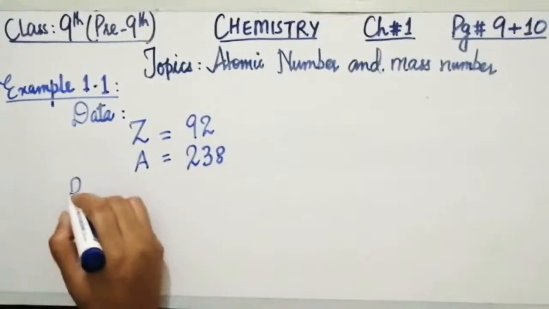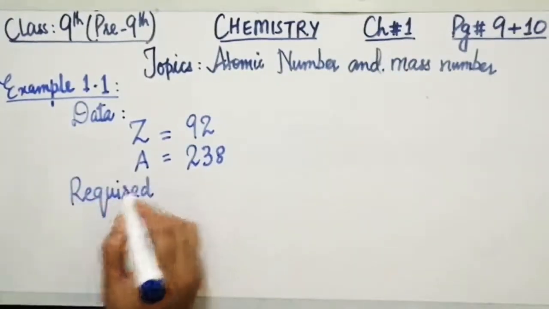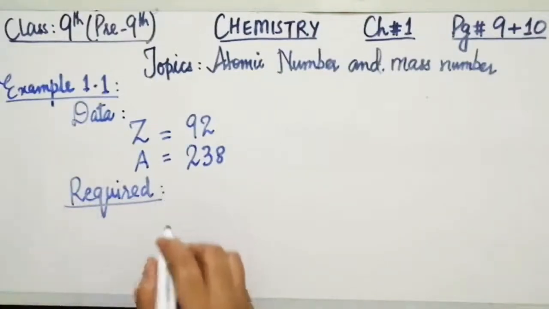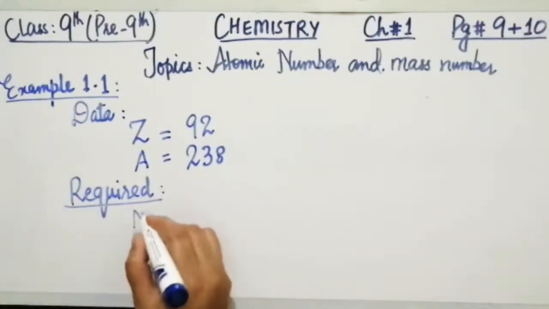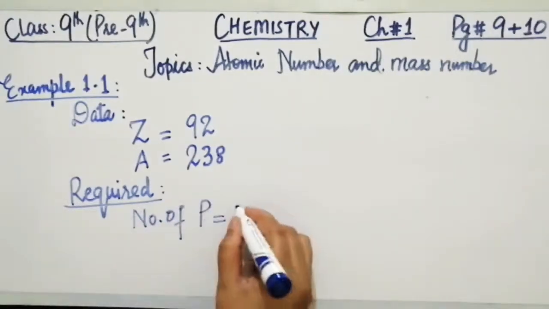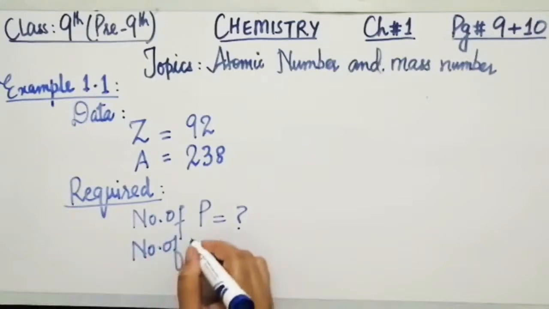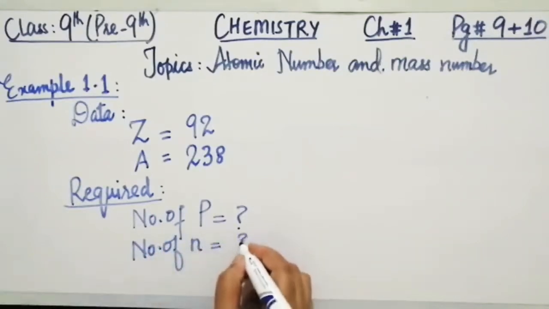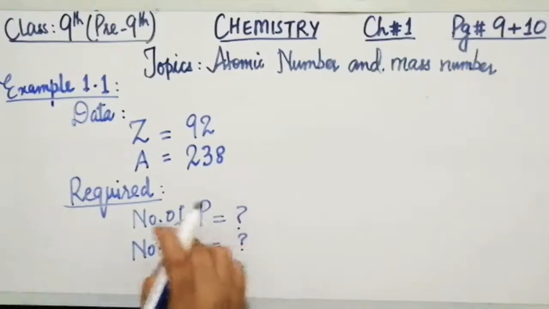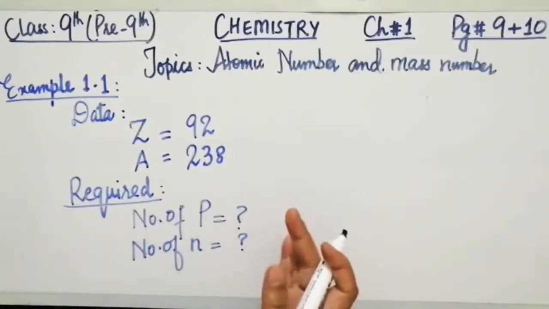Now what do you need to find? You have to find out the number of protons, number of P for protons, and number of neutrons, and by knowing the number of protons you can also calculate the number of electrons as well.